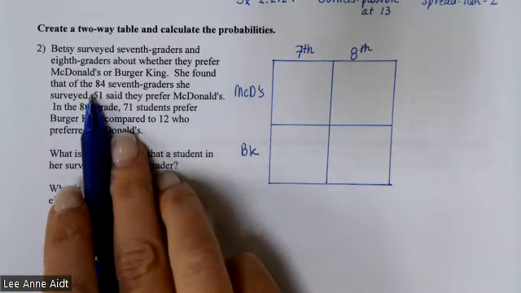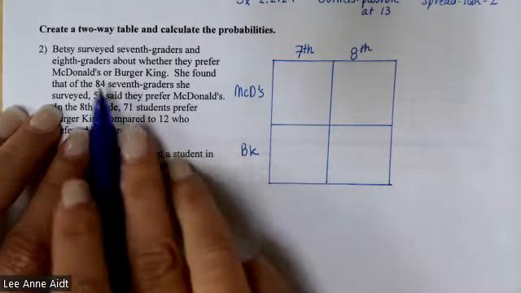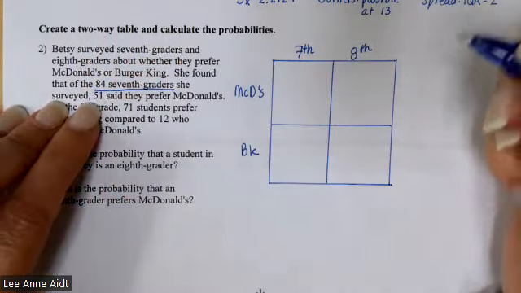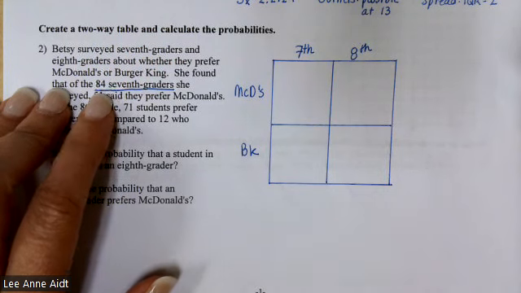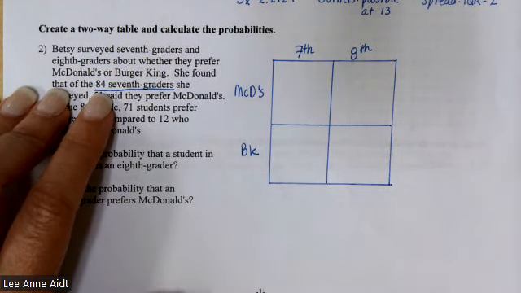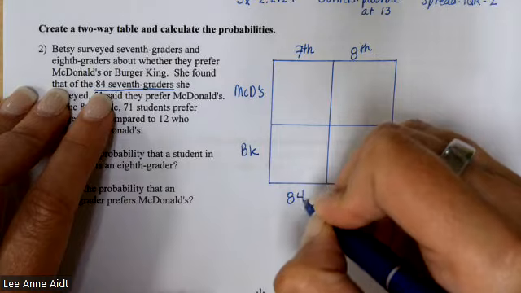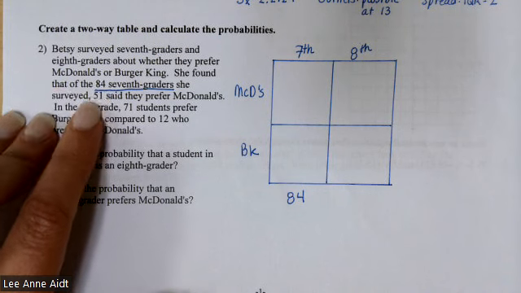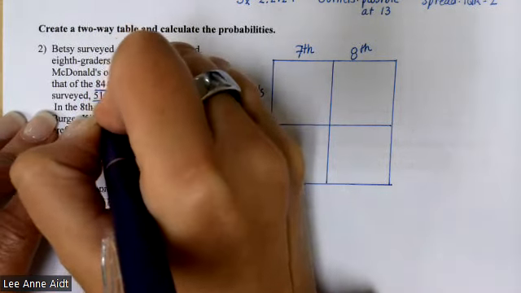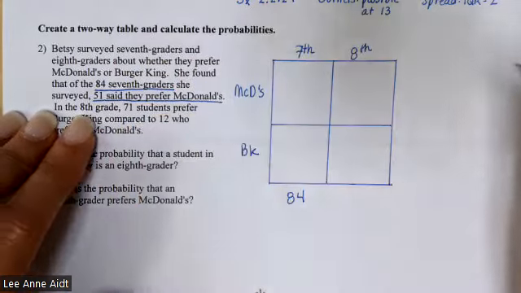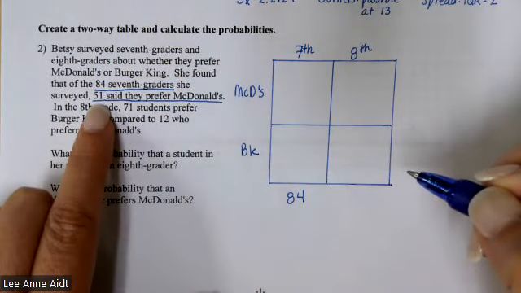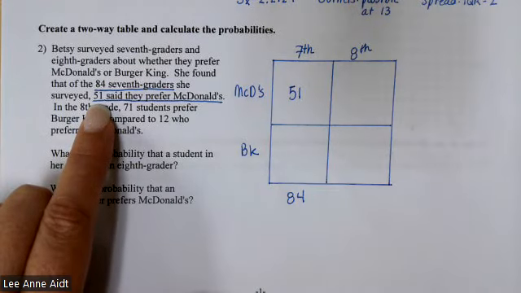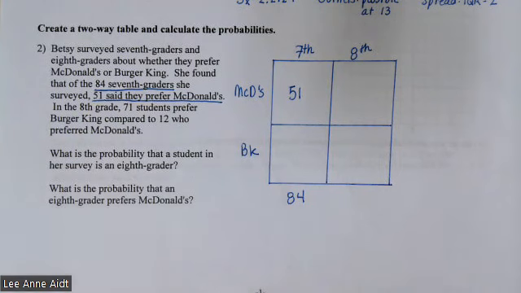She found that 84 of the 7th graders, okay, so I'm going to underline this. 84 7th graders. Where does that 84 go? Bottom of 7th grade. So this is total 7th graders. 51 said that they preferred McDonald's. Where's the 51 go? Yeah, seventh graders and McDonald's. Do you have any questions so far?